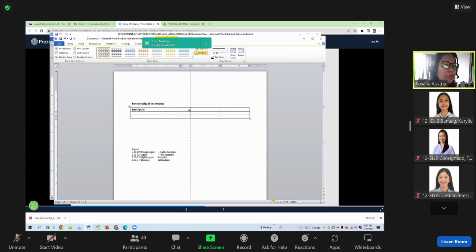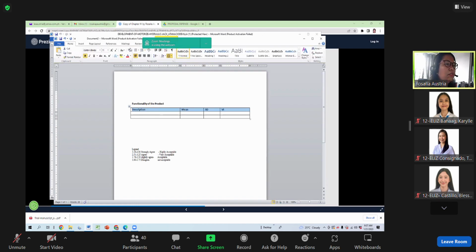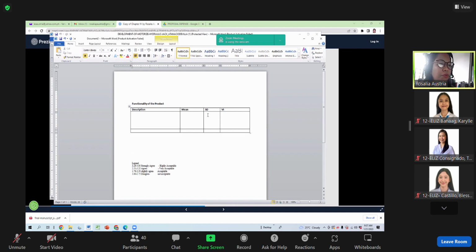And then the mean, and the SD. I explained last time how you compute the mean and the SD. That is where you put the answer. And then this is the VI, or the verbal interpretation. Put that in the middle. It is bold, and the SD is smaller. Allow me to put this in the middle.